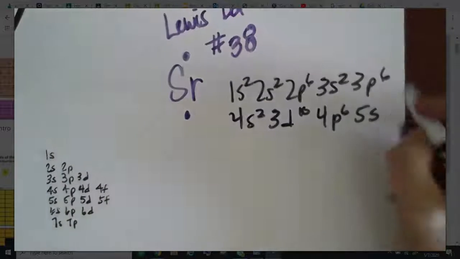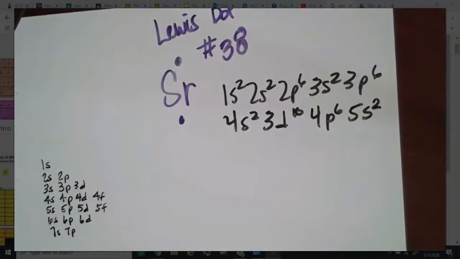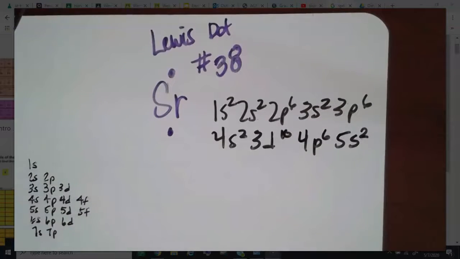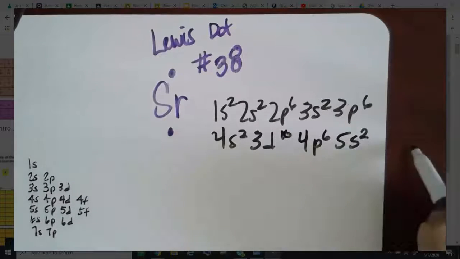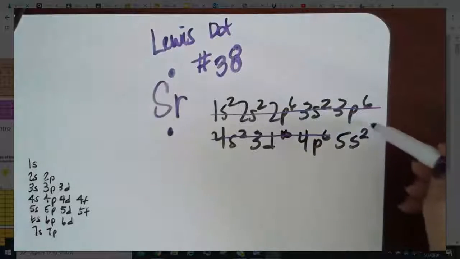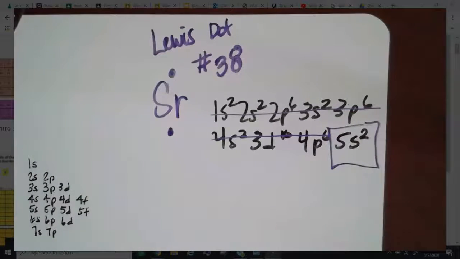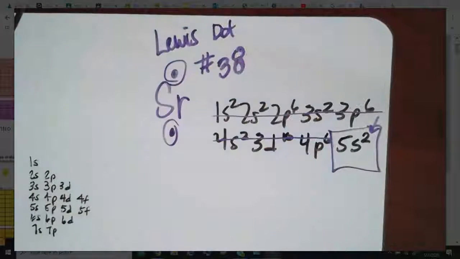Second one in, 5s2. I told you guys that it's the last s and p electrons that are your valence electrons. Last s and p, not p and s, s and p. So notice my last s and p, or just s, is 2. So I have 2 valence electrons. There they are.